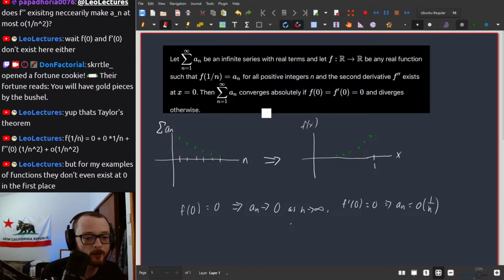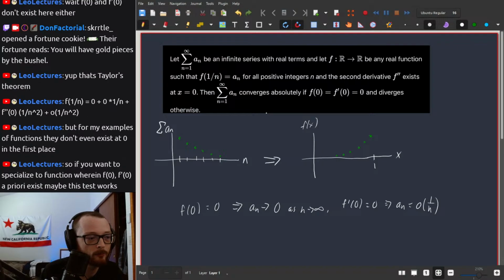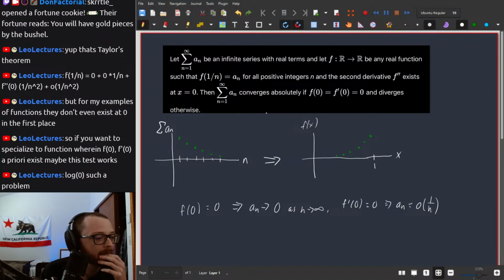What about n over log n? That would exist at... No, it wouldn't. The limit would exist. Would it? I don't know. It is, yeah. The limit existing might be okay, though, Leo, because f of 0 is the tail end as n goes to infinity.